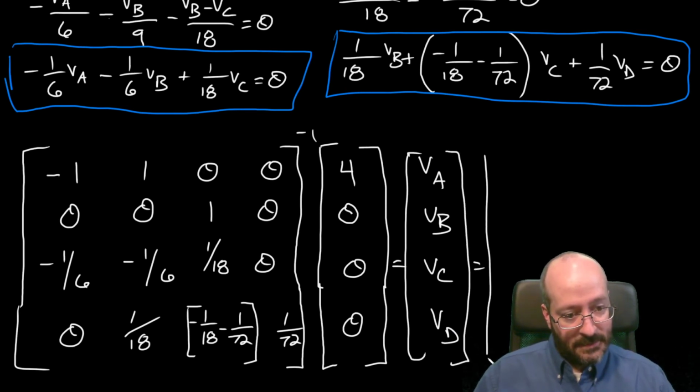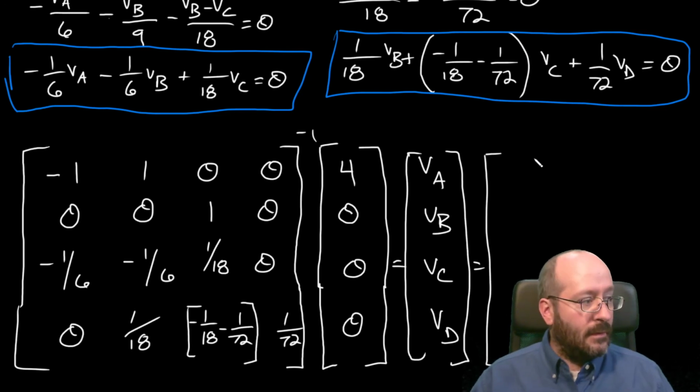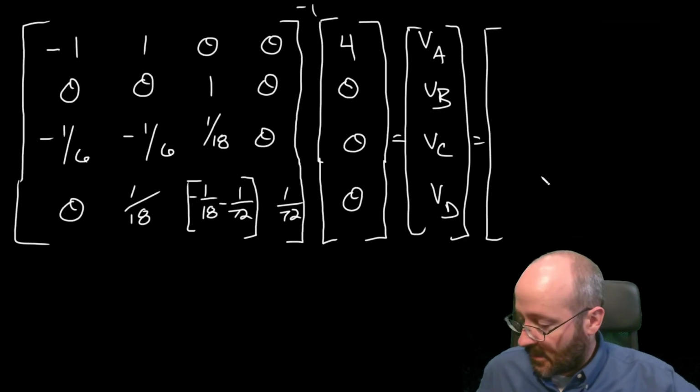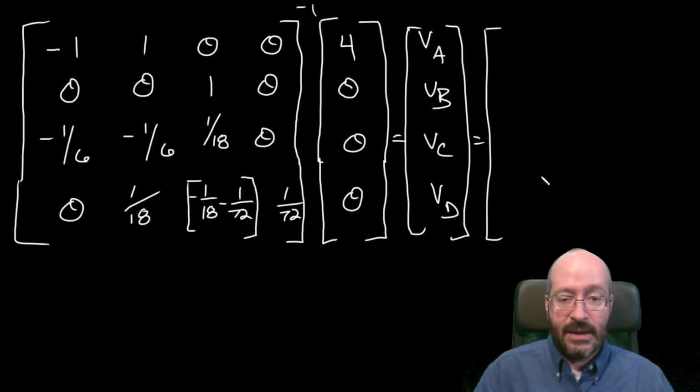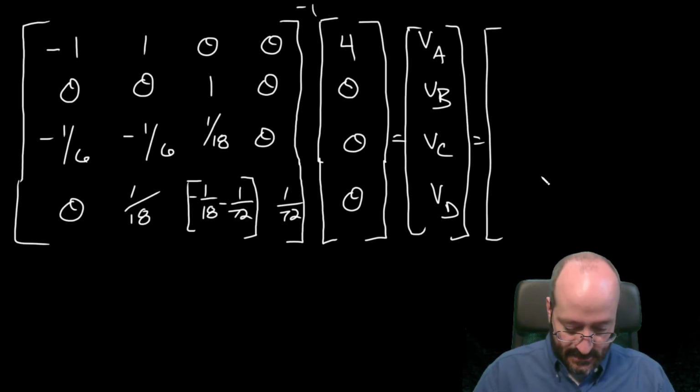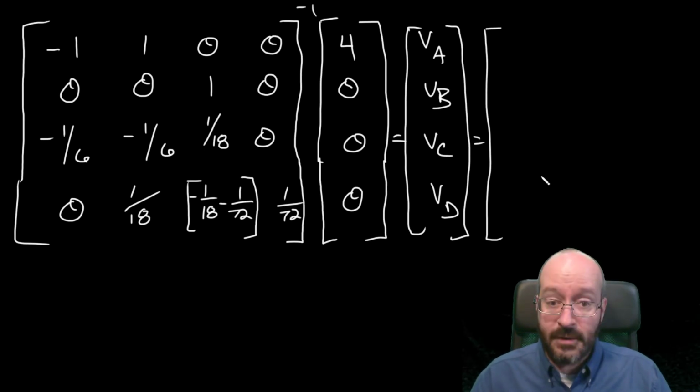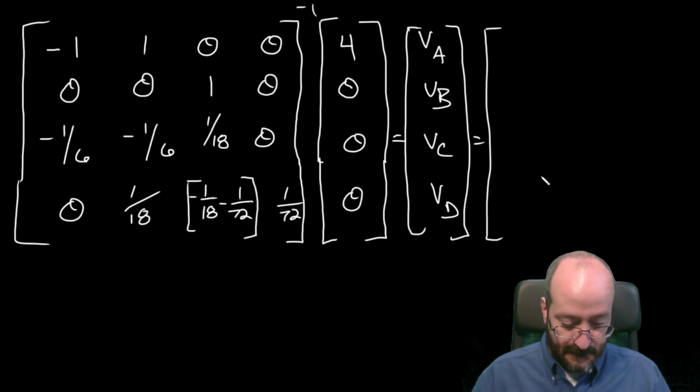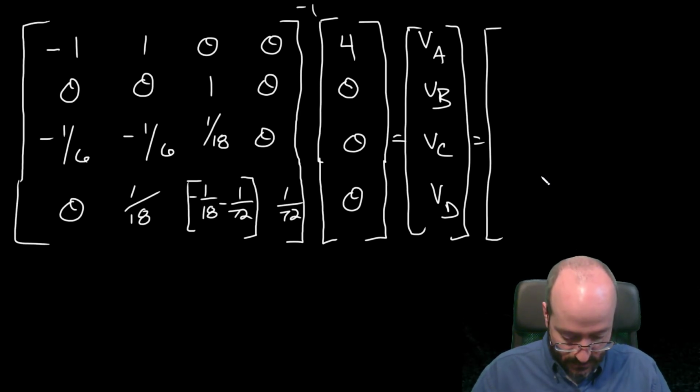And let's get some values. Okay. Calculator time. Follow along for fun with math. Okay, 0, 0, 1, 0, 0, negative 1/6, negative 1/6, 1/18, 0, 0, 0, 1/18, negative 1/18, minus 1/72, and 1/72.